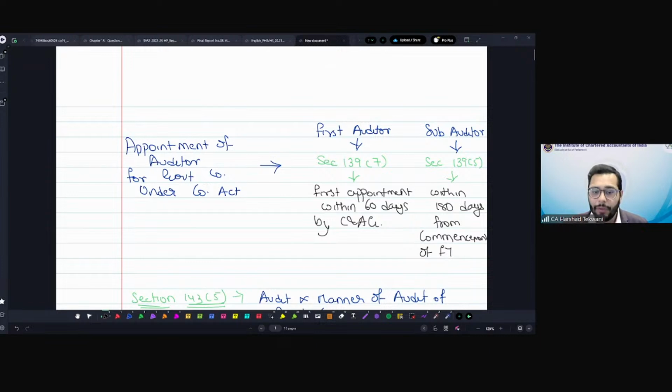But apart from that, we may do some additional procedures which may be prescribed by C&AG, which you usually do not identify in normal audits. So can I say C&AG is an additional element in case of the government audit? Yes or no?